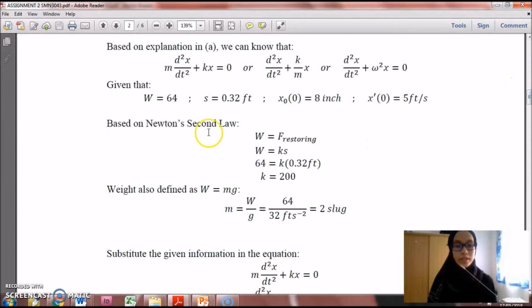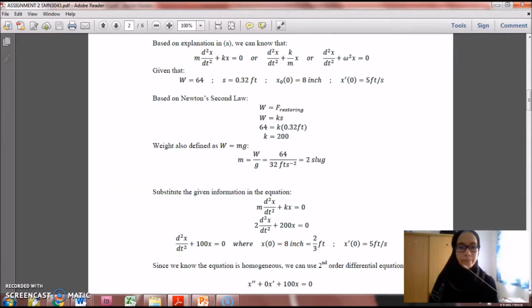Based on Newton's second law, W is equal to F, the restoring force, so W is equal to ks. K is the spring constant. We substitute the information in the formula. So we get K, the spring constant, equal to 200.